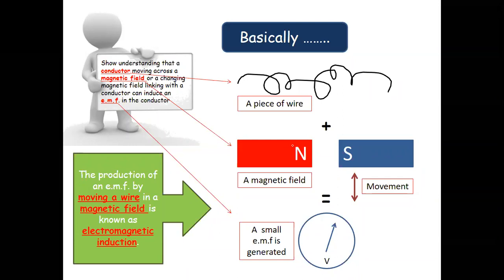Faraday's law says: take a current carrying conductor of length L and place it under a magnetic flux density of B. When the conductor is moving with a velocity V, an EMF will be developed in the conductor given by E equals BLV sine theta, which you might have studied in your physics.